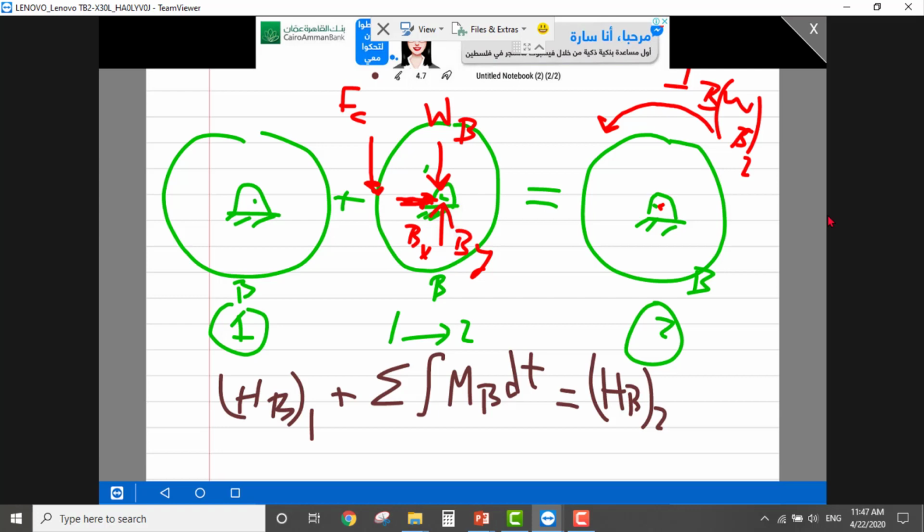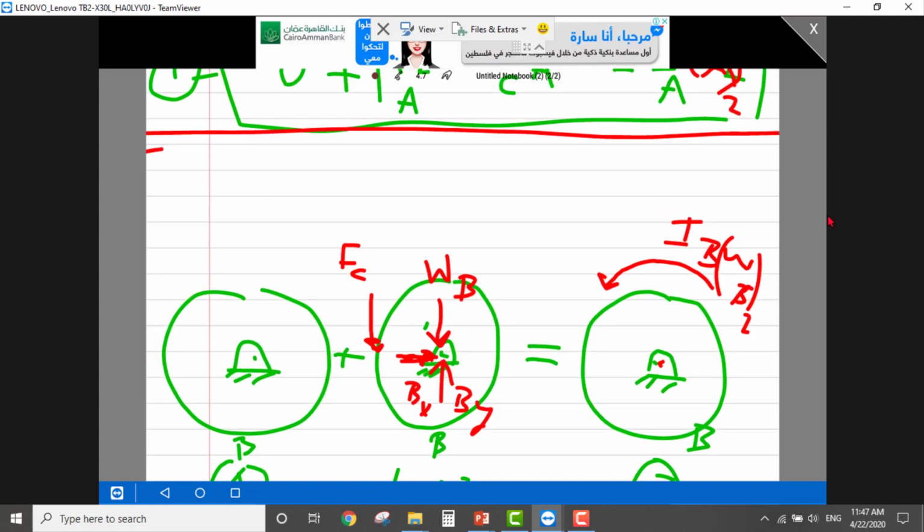Of course, this one will be equal to 0 because it's mentioned to start from rest. Now I'll substitute here 0 plus, and I will keep the same directions regarding the axes. So this is positive x, positive y, and this is the positive direction of rotation.